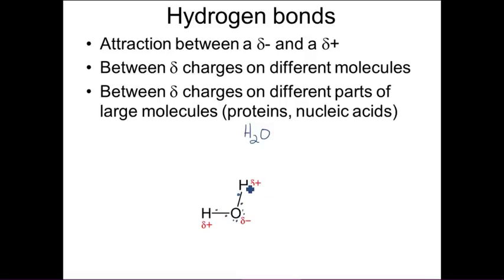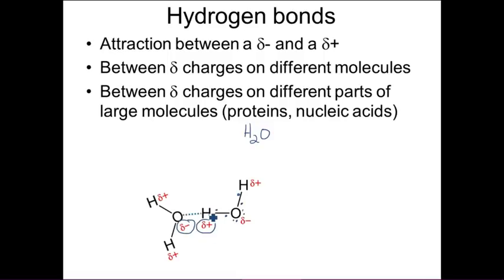We call a molecule that has all polar bonds, or a good number of polar bonds, a polar molecule. Okay, and we call a molecule that has few or no polar bonds a nonpolar molecule. Okay? When you get water, which is very polar, next to other water molecules, then you have an attraction between the partial negative on one of the waters and a partial positive on the other, and that forms a hydrogen bond.